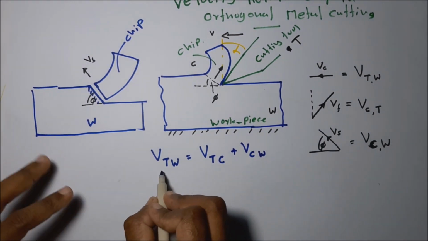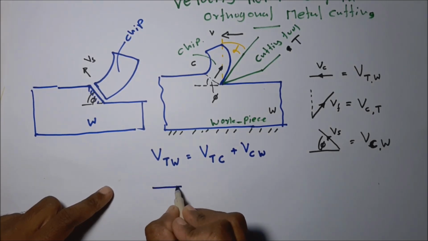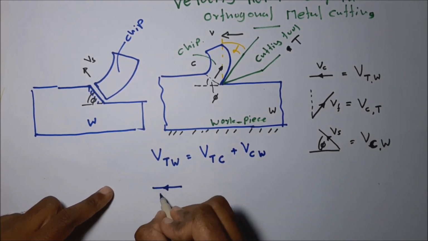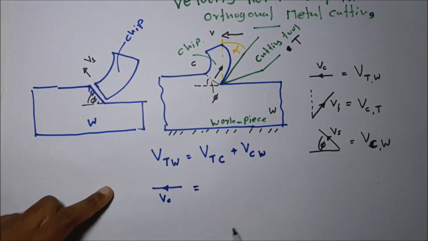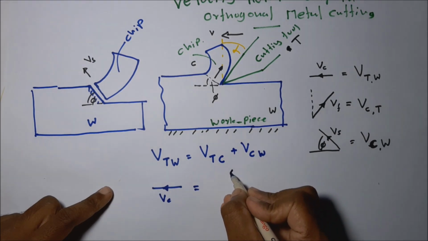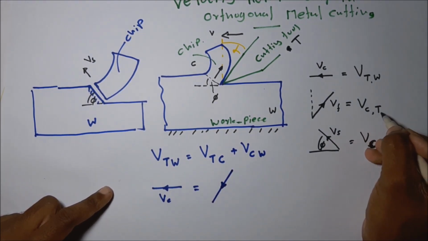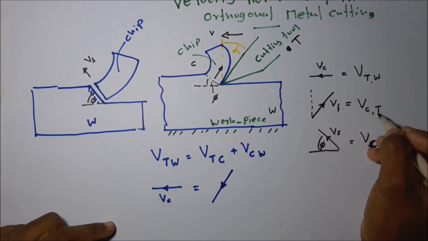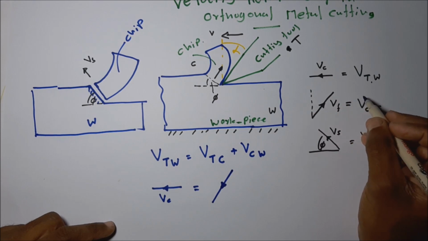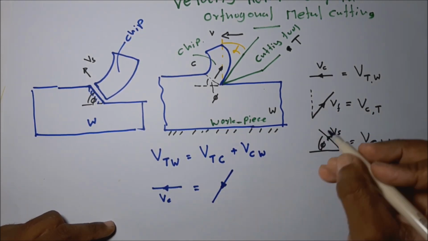Then what is VTW? That is in this direction. VTC is in this direction, opposite. VCT is in this direction, that means the velocity of the chip with respect to the tool. So the velocity of the tool with respect to the chip should be in the downward direction.